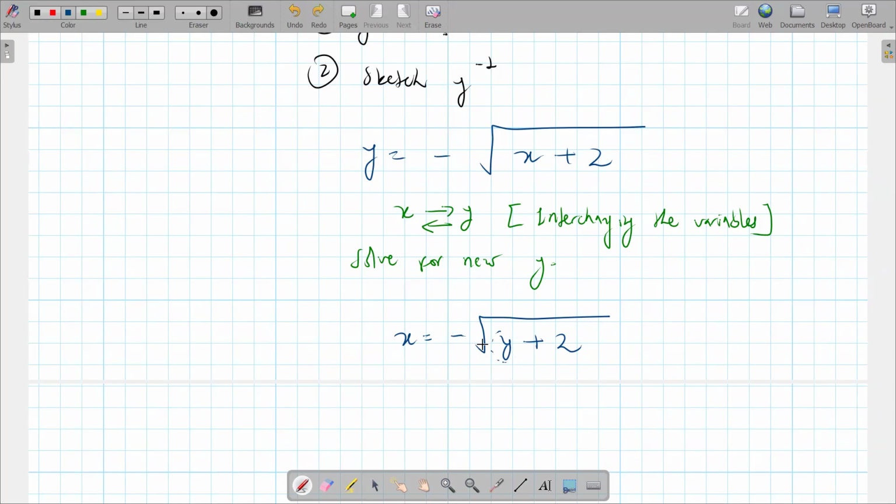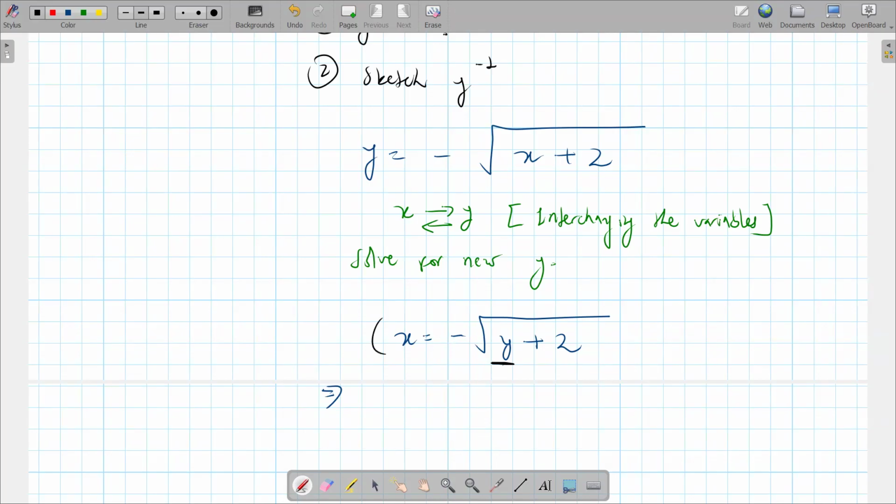How do we solve for that y? We need to get rid of the root, we need to get rid of the plus 2. Well, let's first get rid of the minus sign and the root.